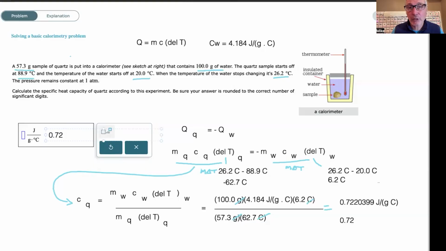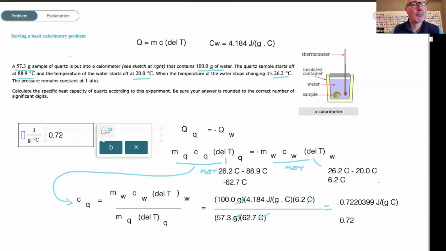I would have gotten 73.8. Nothing has a heat capacity of 73.8, when water, the highest heat capacity common substance, is 4.184.